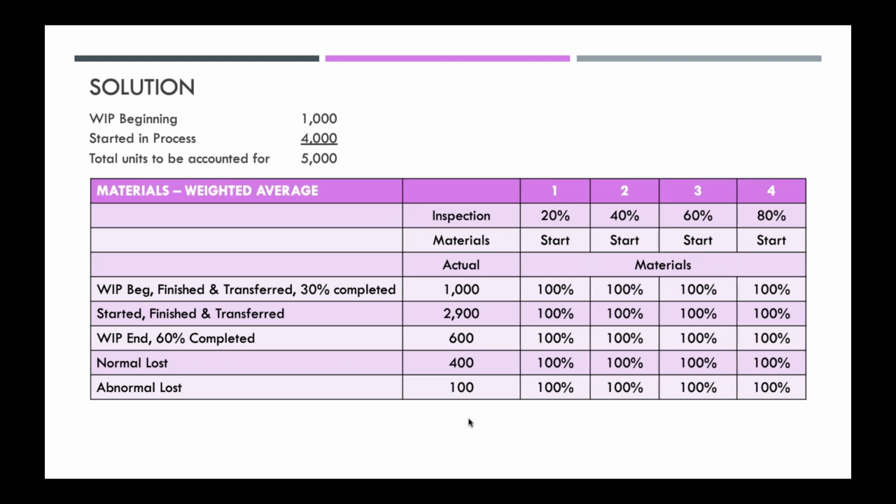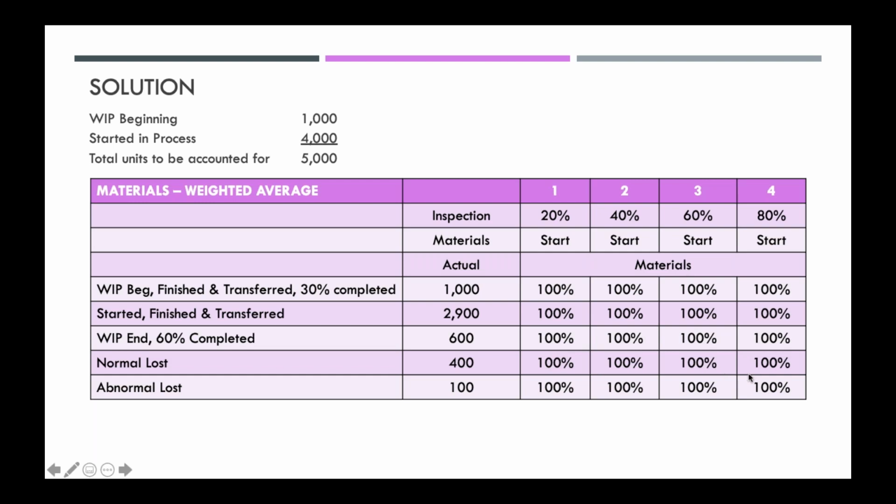Okay, weighted average naman, so ganun uli, wala nang work in process beginning, we will not account this separately, samahin natin siya, 3,900, all of these 3,900 will be allotted 100% of materials and conversion cost. Okay, for work in process end, since materials is added at the beginning, so lahat sila 100%.